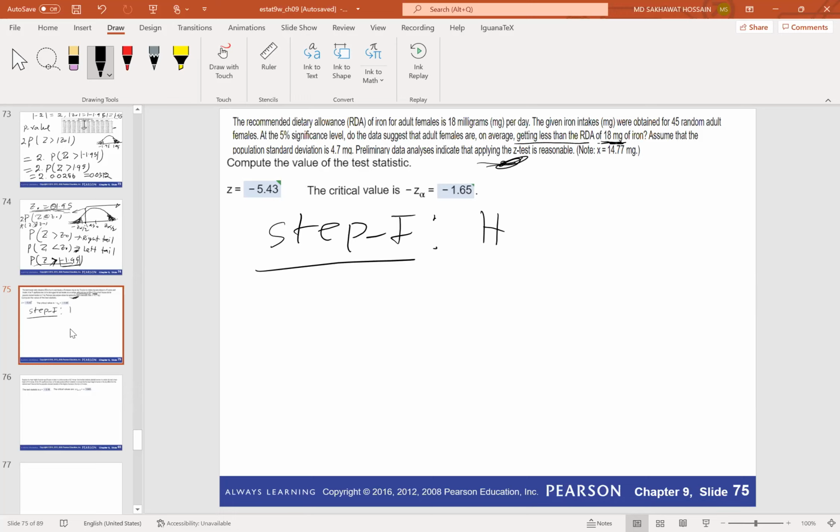What should be the null hypothesis here? Mu is equal to, which value should we consider in this case? 14.77 or 18? What do you think?